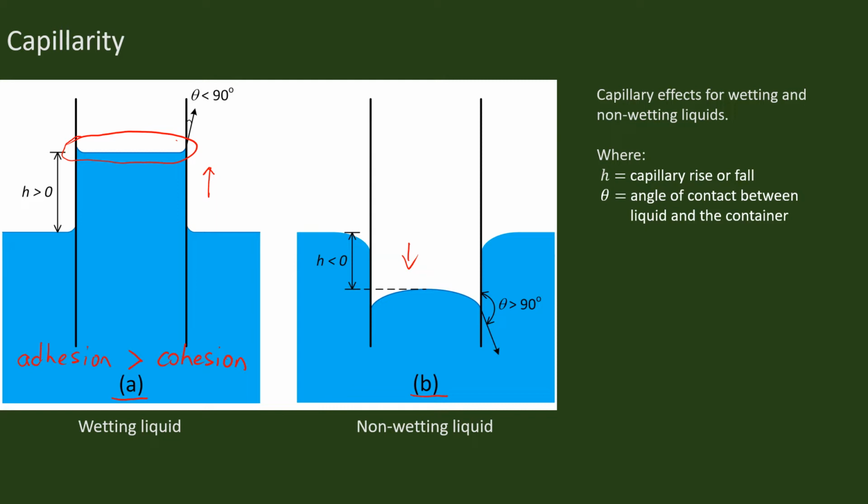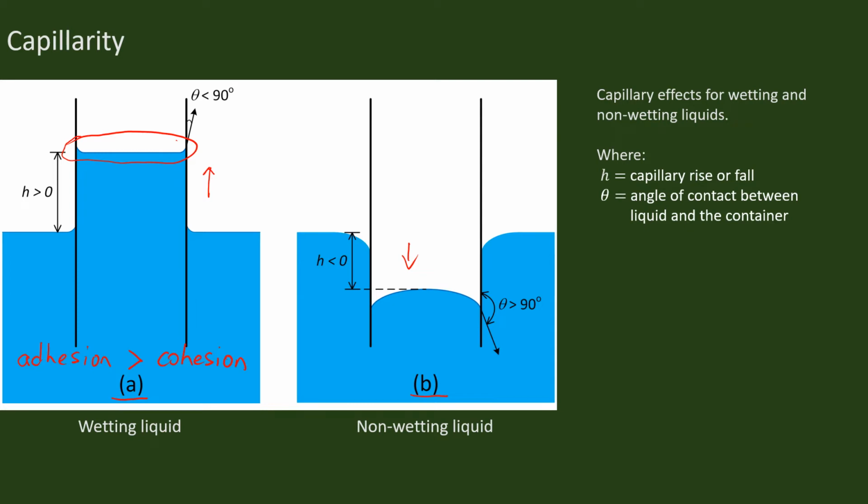So the non-wetting liquid curves down at the edges. So for this non-wetting liquid, the force of the liquid's adhesion to the molecules on the surface of its container is smaller than the force of cohesion between the liquid's own molecules.